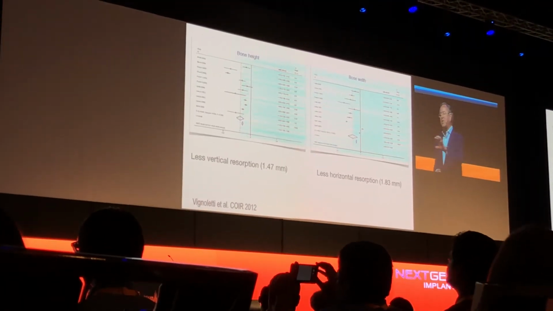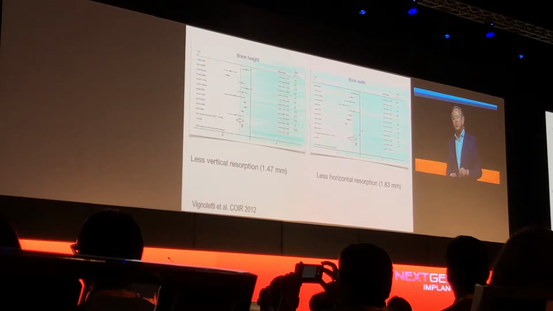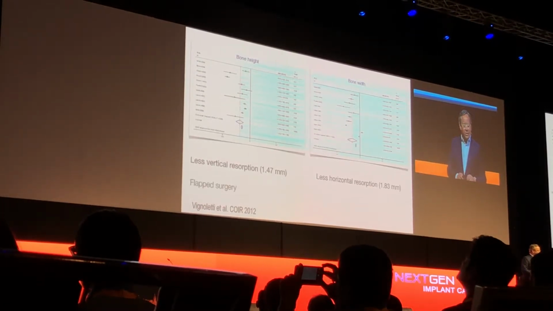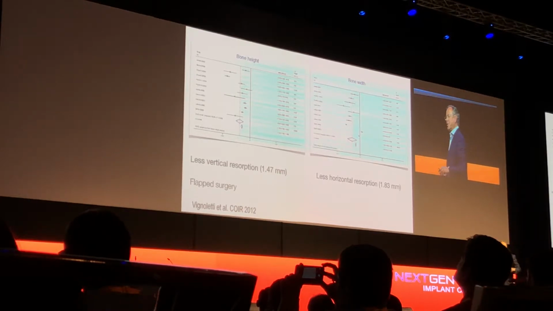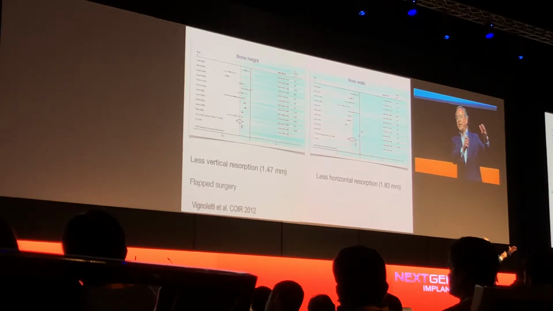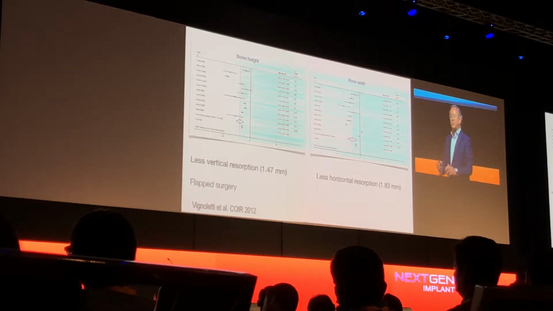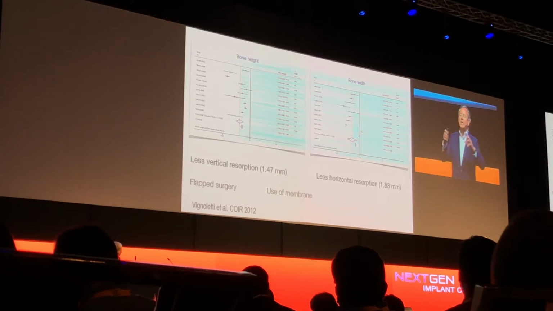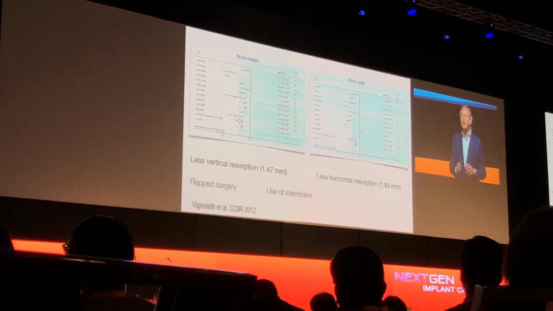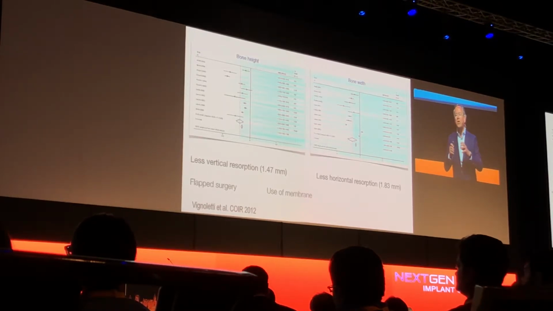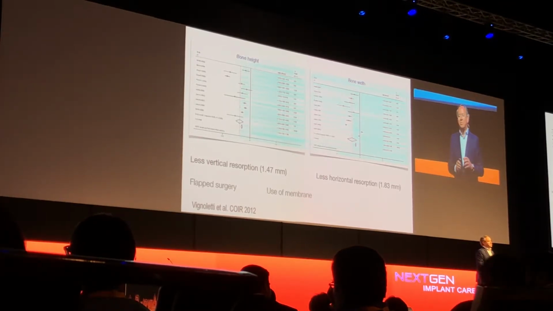Is there something better than another in terms of protecting? Well, when we did the meta-regression, to understand the difference between those that have the best and the worst results, what we saw is that it is very important that the biomaterial that we place inside the socket either resorbs very slowly or does not resorb during healing.